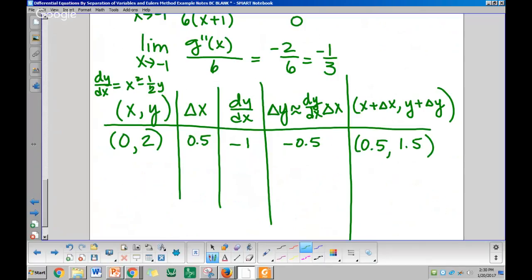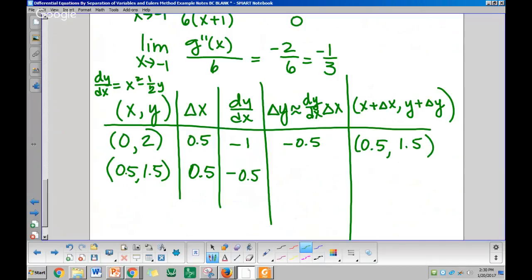Then I'm going to take that new point, bring it over here. My delta x is still 0.5. I'm going to figure out what the slope is at that point. That's going to be 1/4 minus 3/4, minus 2/4, which is -1/2. I'm going to say -0.5.